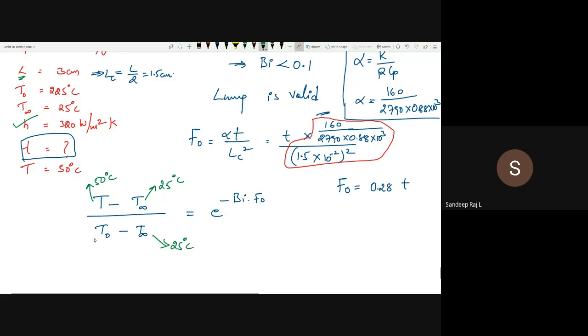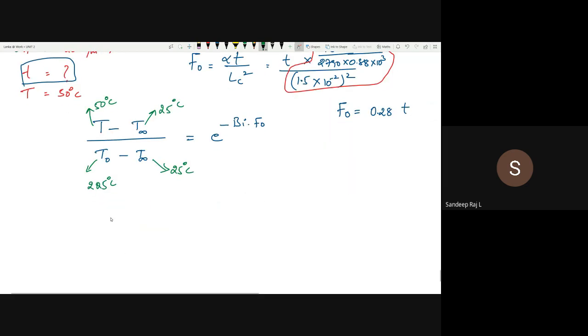Now this T naught is also given in the question as 225 degrees centigrade. So you simply substitute all the values here. It is like 50 minus 25 by 225 minus 25 is equal to e power minus of Biot.